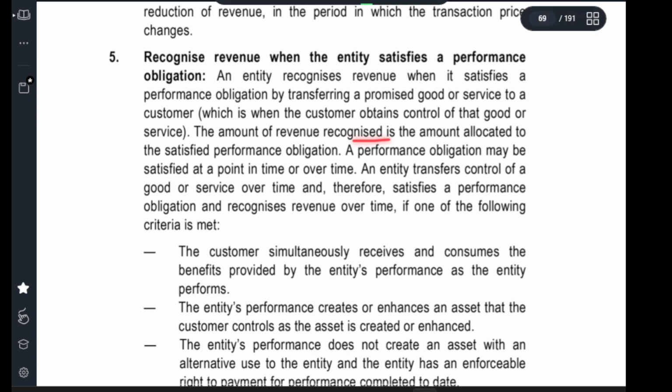The amount of revenue recognized is the amount allocated to the satisfied performance obligation. A performance obligation can be satisfied at a point in time or over time. So based upon the performance, the services rendered and the completion process, the revenue should be recognized. When the entity transfers control of goods or services over time, it satisfies its performance obligation and recognizes revenue over time.